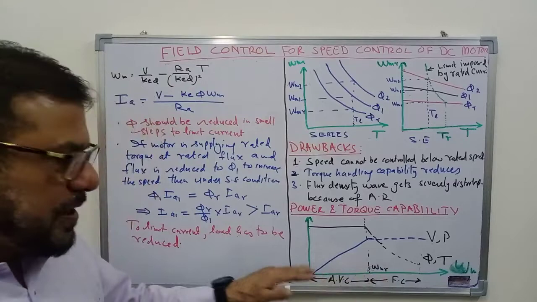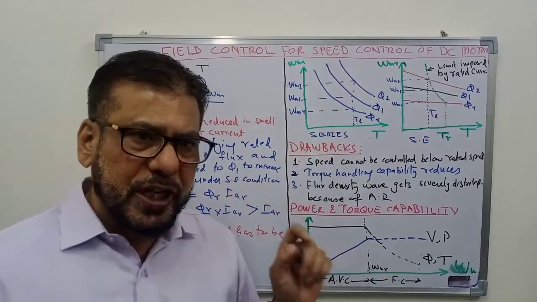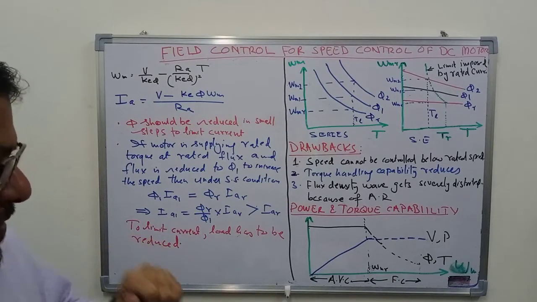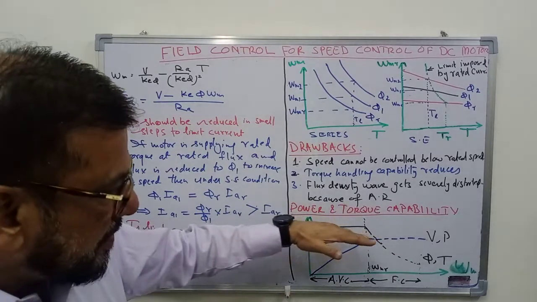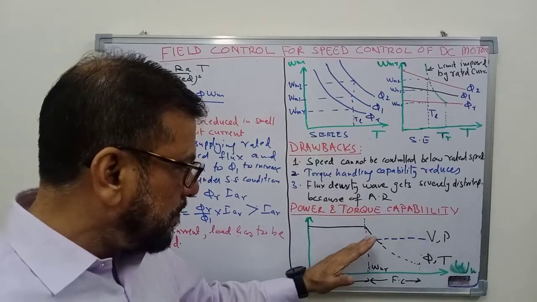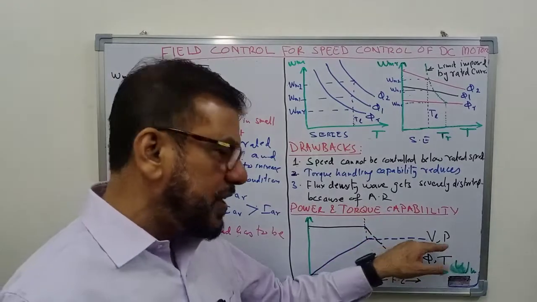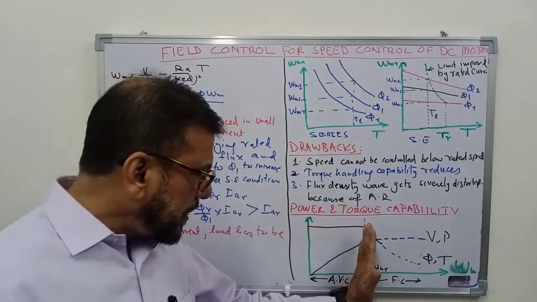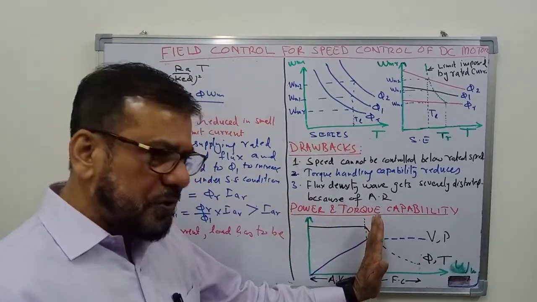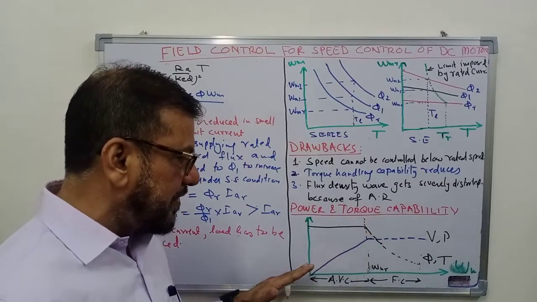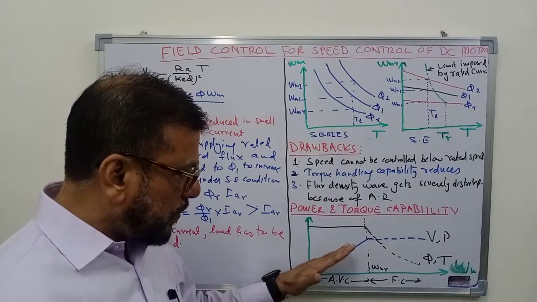Below the rated speed, if you want to control the speed, you have to change the armature voltage, keeping the flux constant. So this black line shows flux as well as torque, and this blue line shows voltage and power. If you want to increase the speed, you have to increase the voltage.